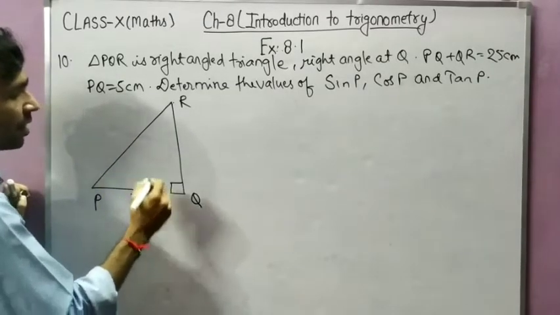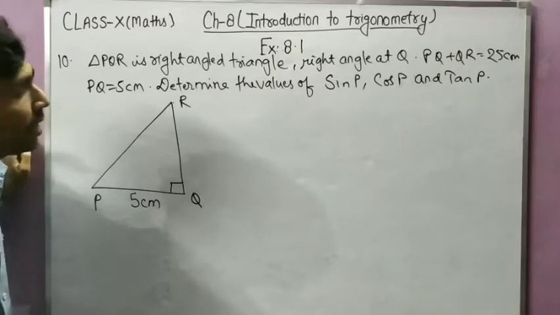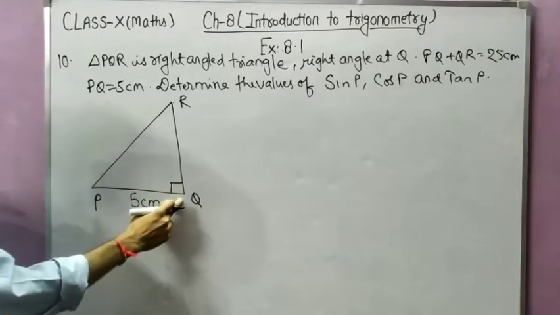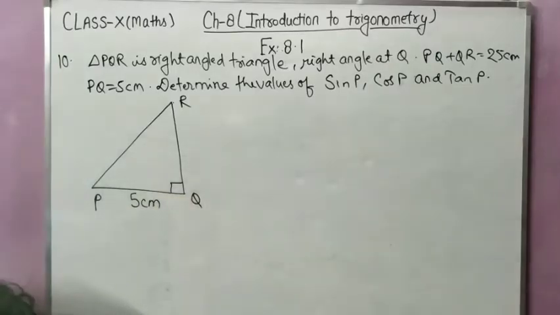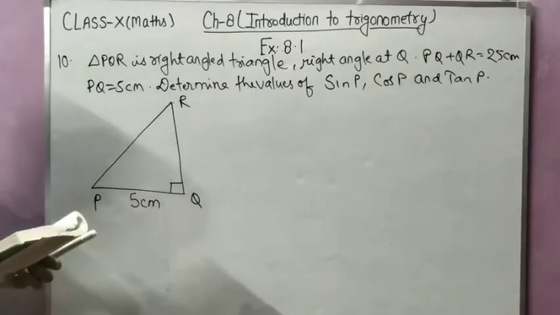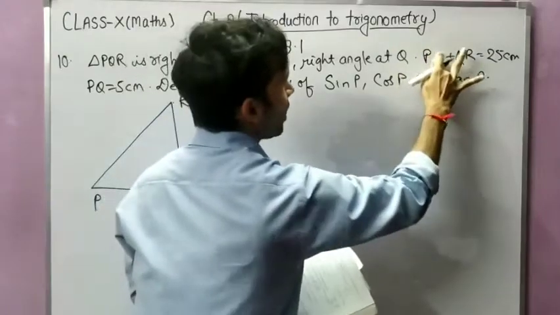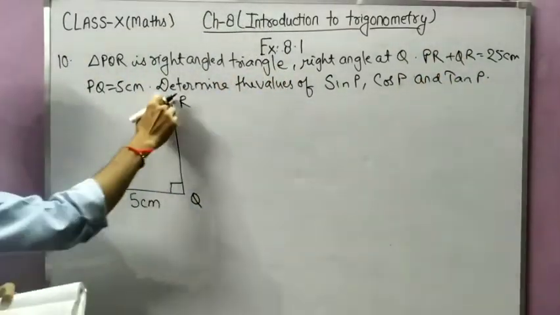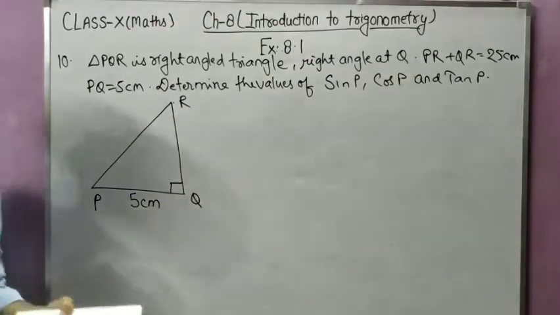And PQ plus QR. Wait a minute. PR plus QR, sorry. It is PR, student, sorry for that. PR plus QR is 25.